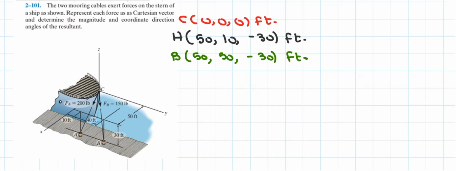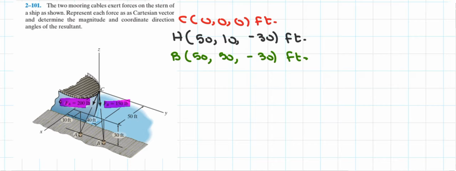Our second step is to write down the position vectors. There are two forces present in our diagram: one is FB and the other is FA. The head of the FB force is directed towards point B, which means point B is the final point and point C is the initial point. Similarly, the head of the FA force is directed towards point A, so point A is the final point and point C is the initial point.